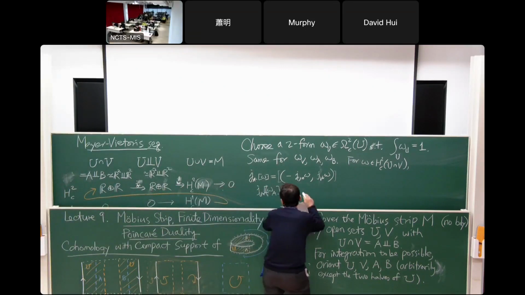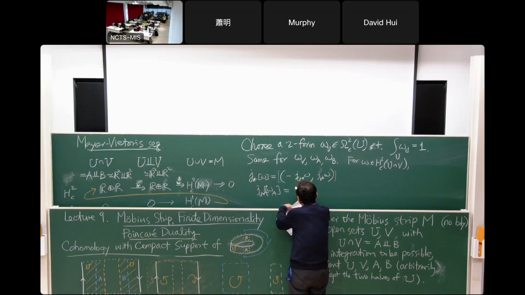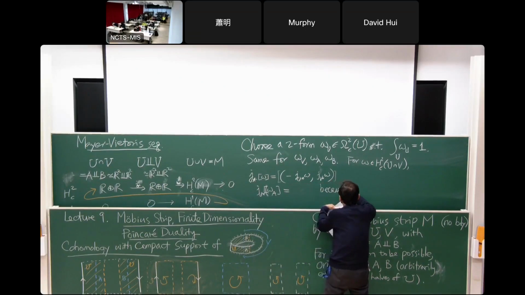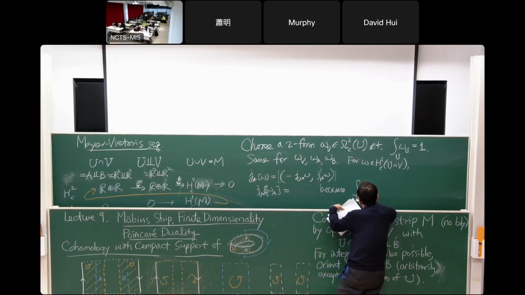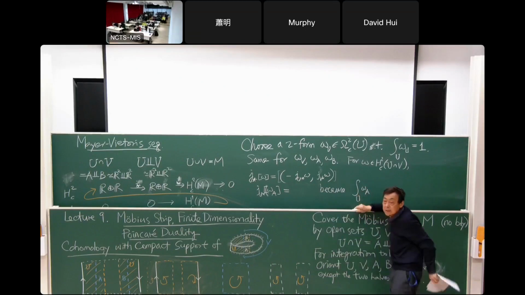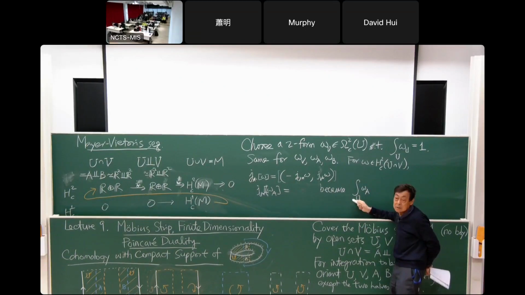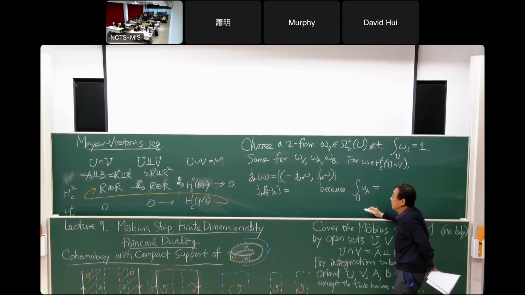So to figure this out, you need to integrate omega A on U. If you get 1, then it would be the generator of the cohomology of U. But let's see what you get.